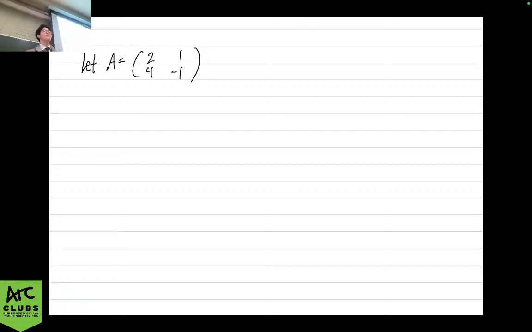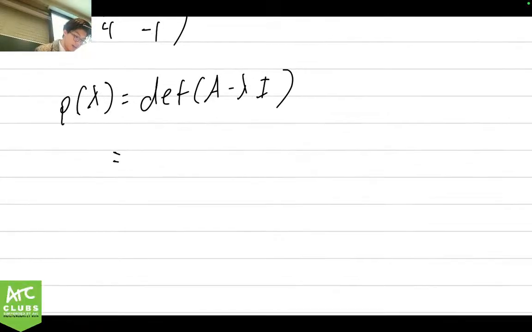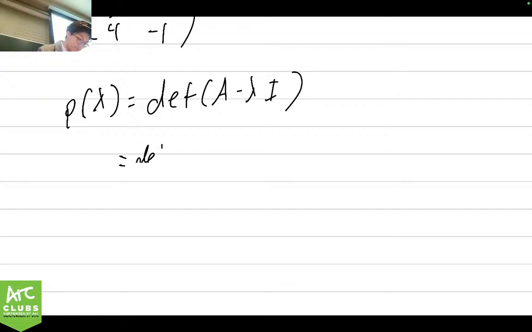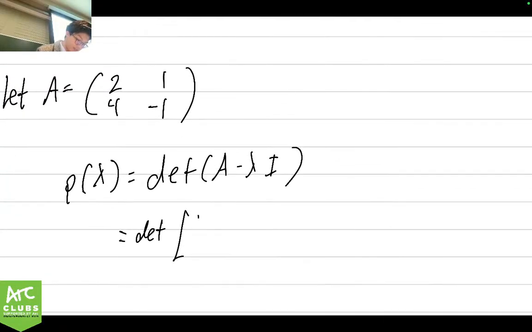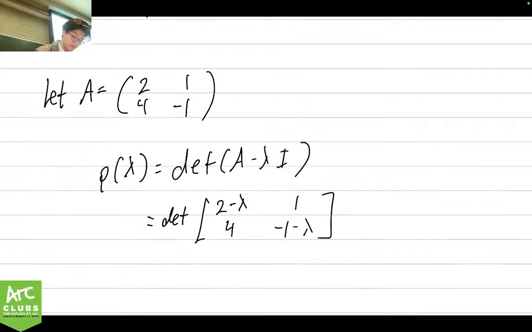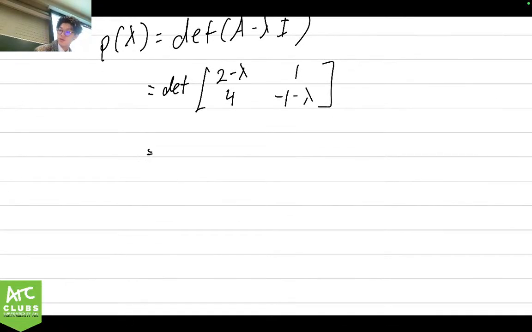Then to find our characteristic polynomial, it will be p of lambda, which is the determinant of A minus lambda I. The determinant of A minus lambda I is the determinant of the matrix with entries 2 minus lambda, 4, 1, negative 1 minus lambda. Eventually we will get lambda squared minus lambda minus 6. And this is immediately factorizable as well: lambda minus 3, lambda plus 2.